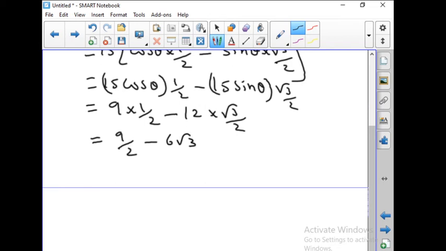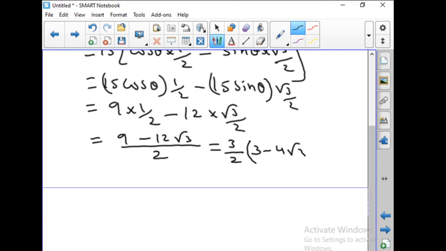Okay. Or we can also keep it as 12 itself. Then you take LCM; you follow the book, whatever is given. So, LCM if you take 2, what you get? 9 minus 12 root 3. So, in the numerator 3 is common, so 3, and the denominator is 2. So, what is remaining? 3 minus 4 root 3.